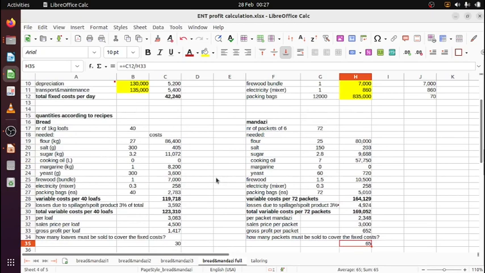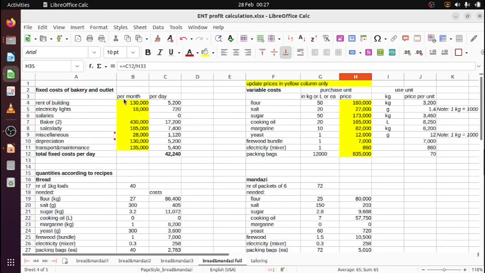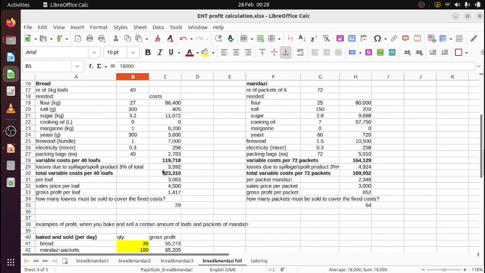So the beauty of this is that if the landlord decided to decrease, very kind landlord, to decrease your rent because you sometimes give him a packet of mandazi by 20,000, then your fixed costs decrease and you only need to bake and sell 29 loaves of bread or 64 packets of mandazi to cover all the costs you made. That's break even, not yet profit.